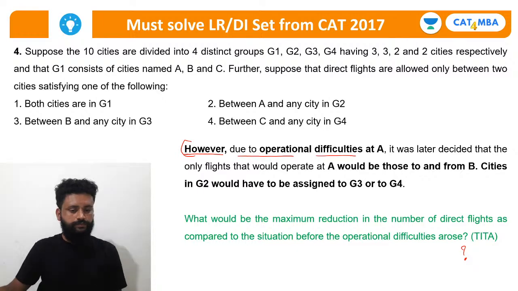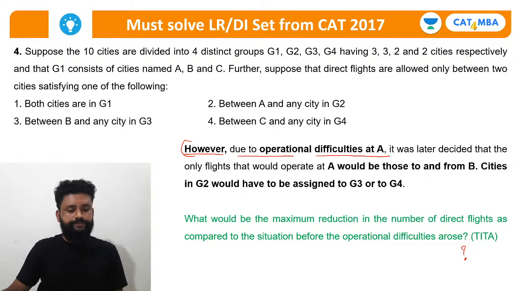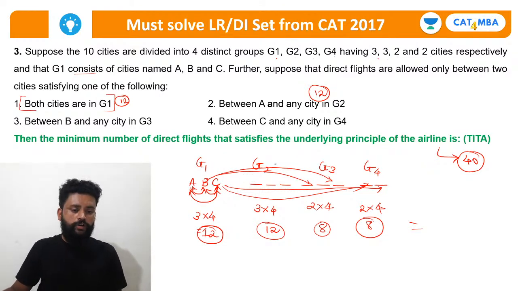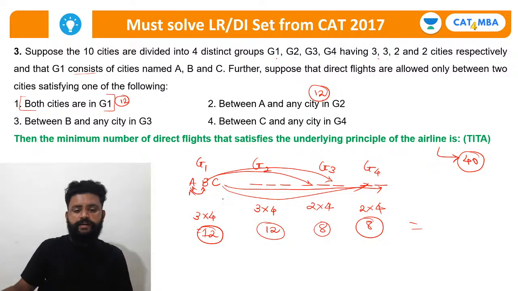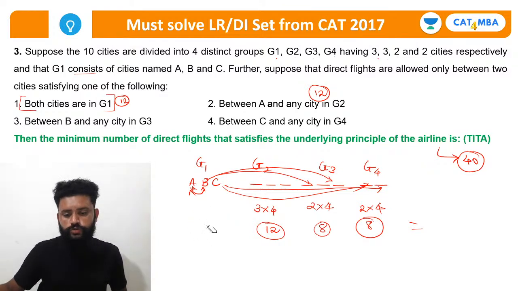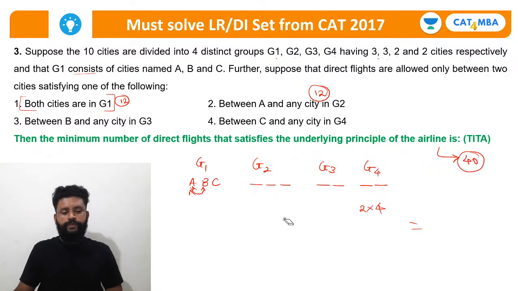However, due to operational difficulties at A, it was later decided that only flights that would operate at A would be those to and from B. तो अगर तुम वापस यहाँ पे आते हो, ये सब सही है, तो A के साथ जो फ्लाइट्स जाने वाले थे, A के साथ इतने सारे नहीं बनेंगे, A का C के साथ भी नहीं बनेगा, तो ये चेंज हो जाएंगे. Even B और C चेंज हो जाएंगे, क्योंकि जो A से कनेक्ट करने थे वो हमें उधर कनेक्ट.